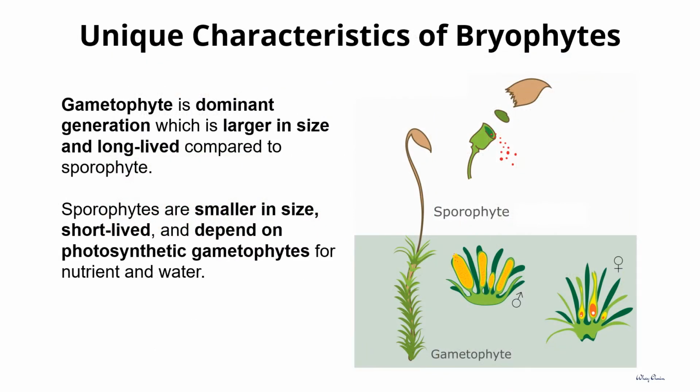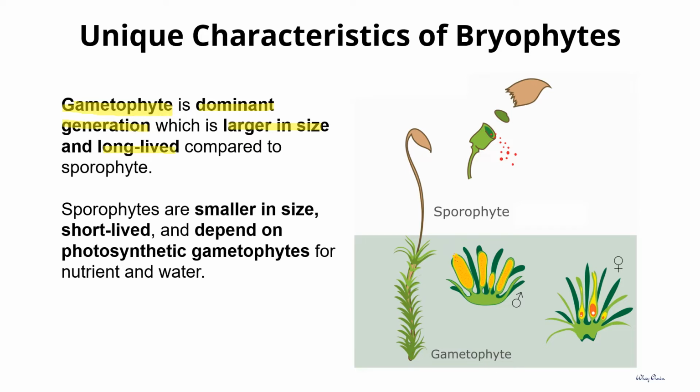Let's start with the dominance and dependence of bryophytes. For bryophytes, the haploid stage, which is the gametophyte, is considered the dominant generation because compared with the sporophyte generation, they are larger in size and they live longer.